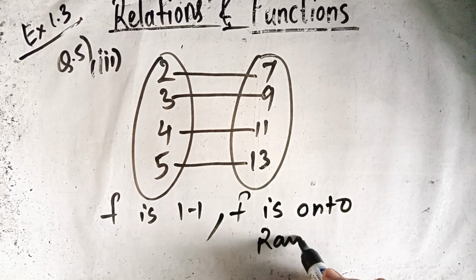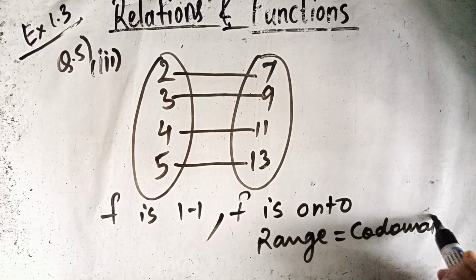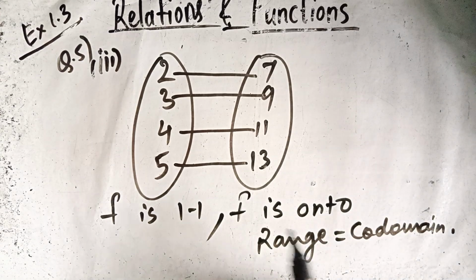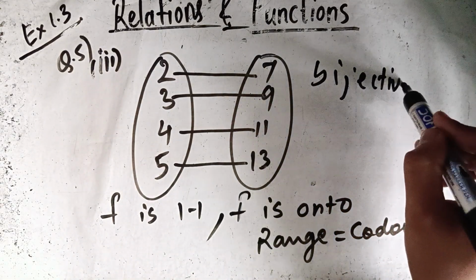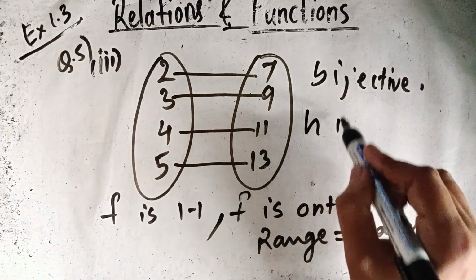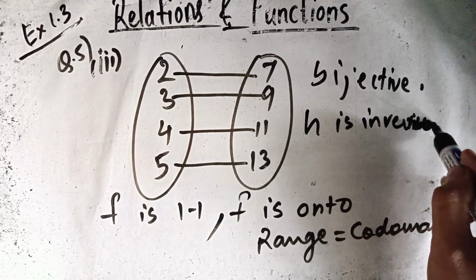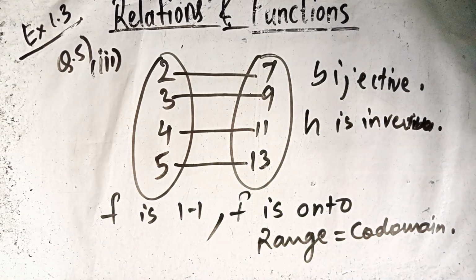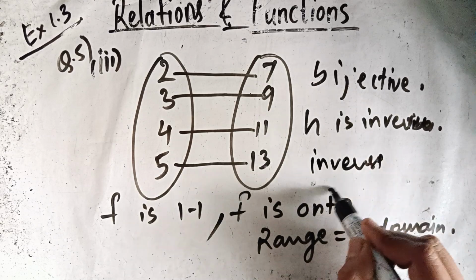That is, range is equal to codomain set. So it is both one-one and onto. So the function is bijective. So we can say that this h function is invertible. Okay, so it has inverse. Inverse exists.